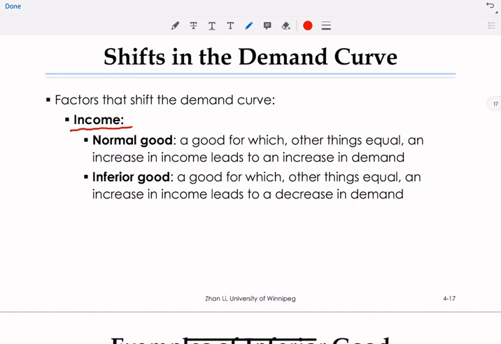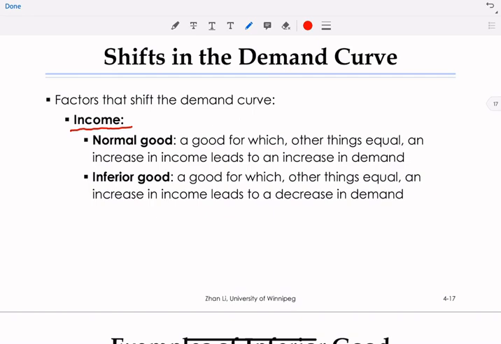You might want to ask, so what is a normal good and what is an inferior good? Well, interestingly, these two goods are defined according to how your demand will respond to income changes.